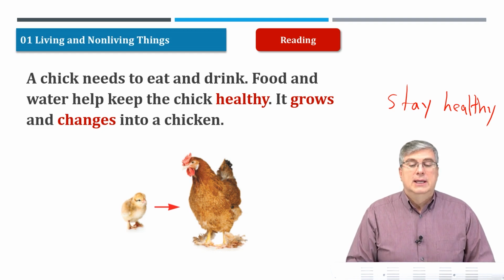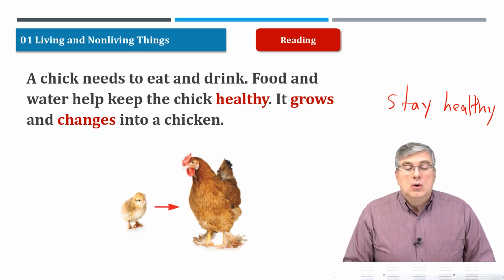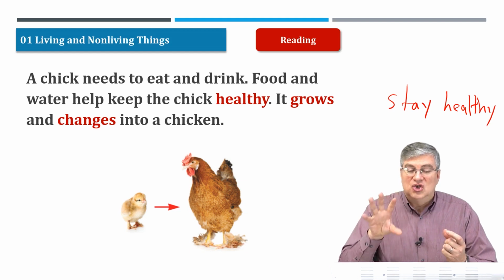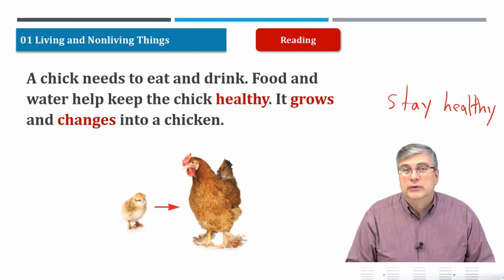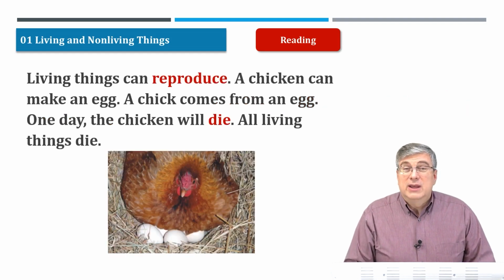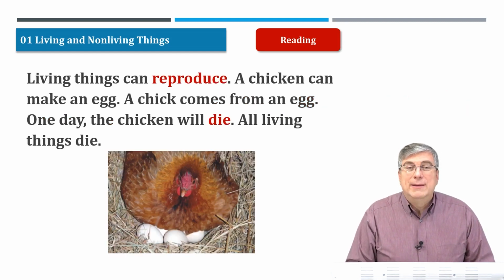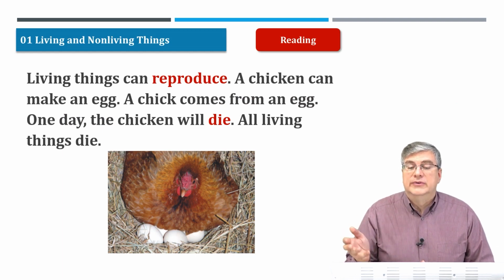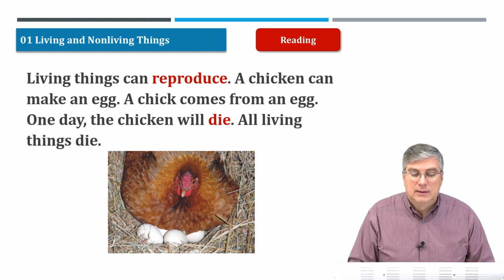Okay, next. It grows and changes into a chicken, right? So a baby chick will grow and change into an adult chicken. Okay, next. Living things can reproduce. A chicken can make an egg. A chick comes from an egg.